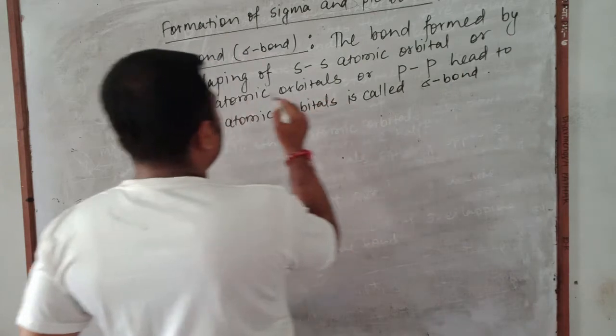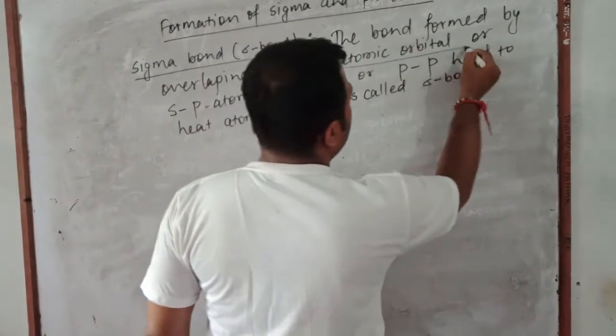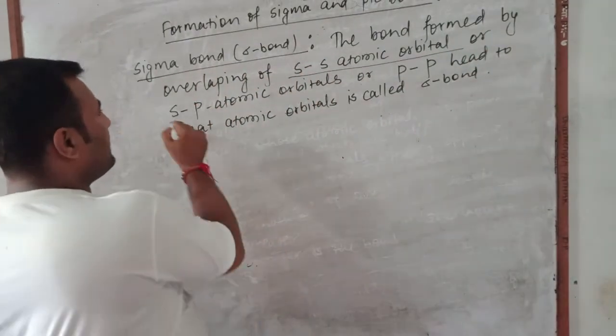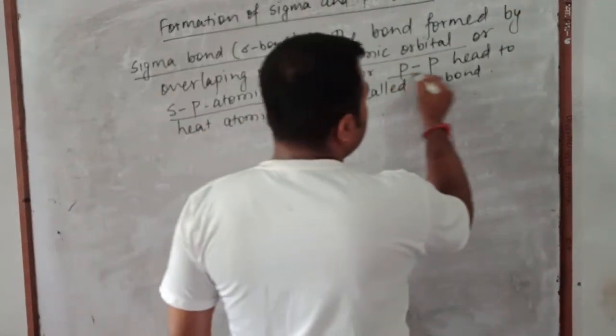So it is clear that a sigma bond is formed by ss overlapping, sp overlapping or pp overlapping.